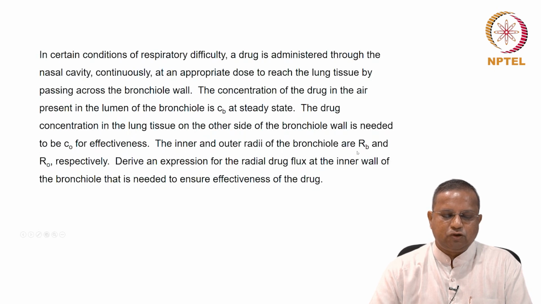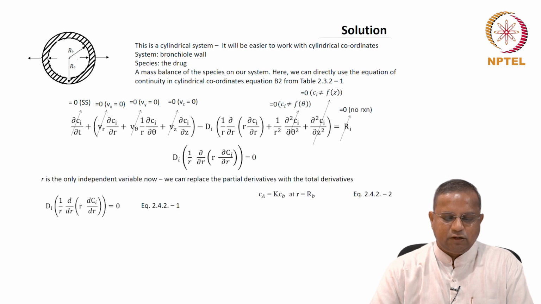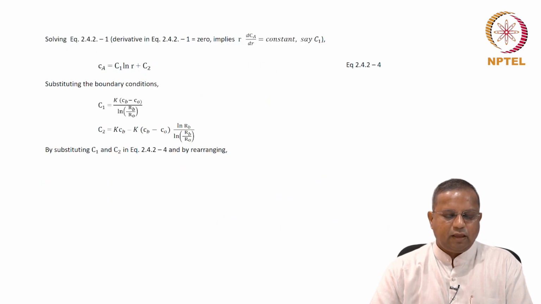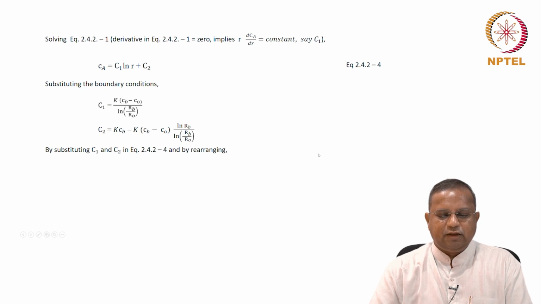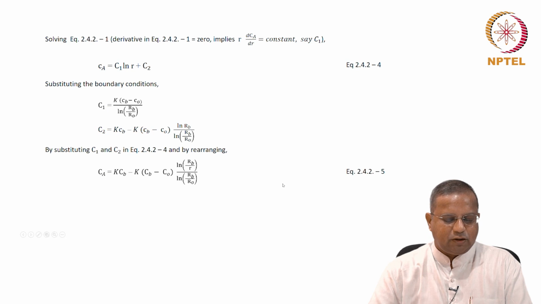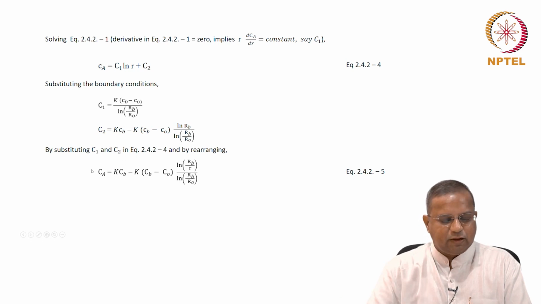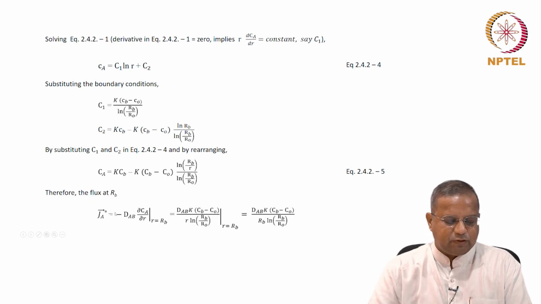And then I showed you how to apply the equation of continuity to a cylindrical system, which is again applied to a very relevant situation, that of drug diffusion across a bronchial wall. We got relationships that give us the concentration profile of the drug in the wall of the bronchiole, as well as an expression for the flux at the wall.